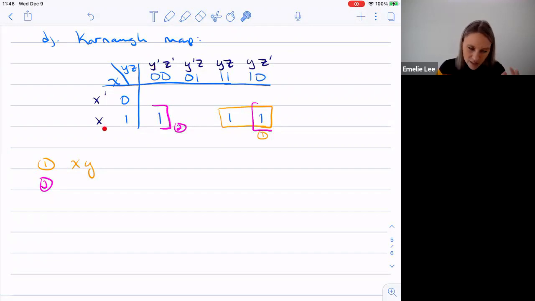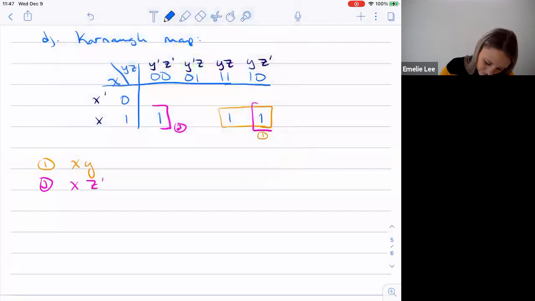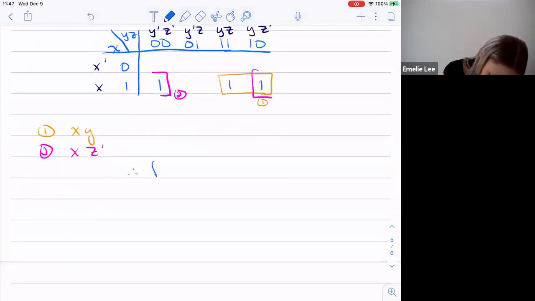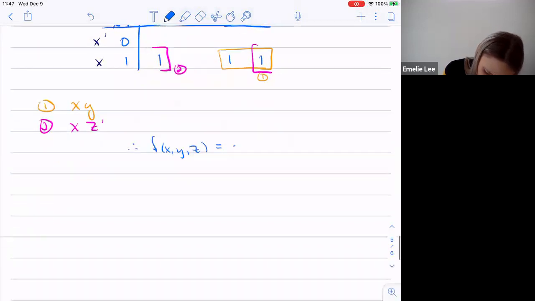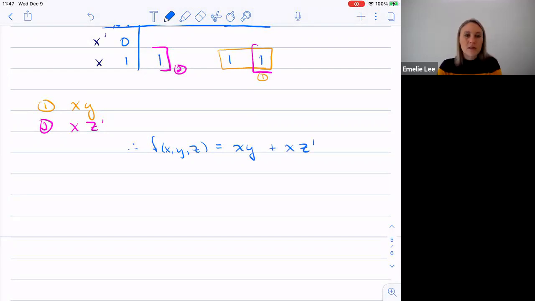And still x is held on all the time. So this is going to be x, z prime. So therefore, f of x, y, z, we can rewrite as xy plus x z prime.